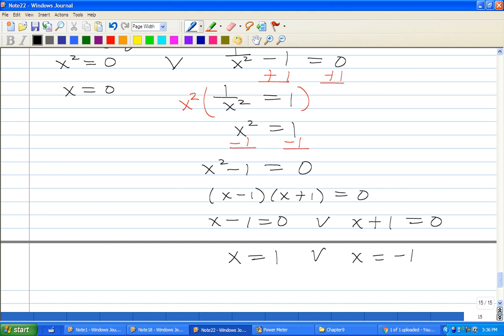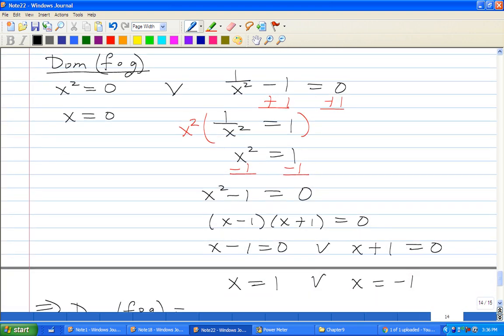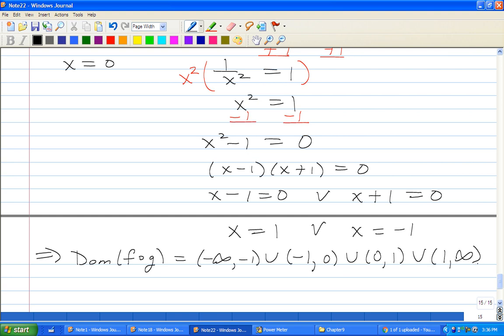Okay, so the domain of f composed with g is the set of all x's except for 0, 1, negative 1. So it's everything except for negative 1, 0, or 1. And that is the domain of your function.